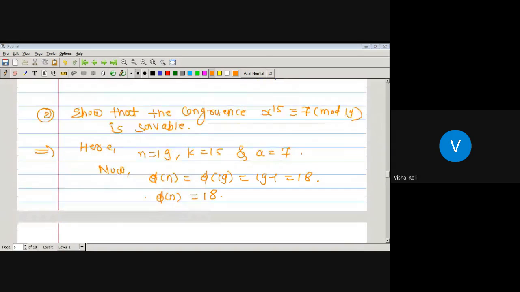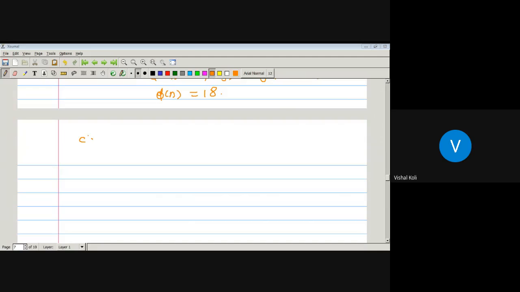So consider a to the power phi of n upon d. First find out d. Let d equal gcd of k comma phi of n, which is gcd of 15 and 18. The gcd of 15 and 18 is 3.